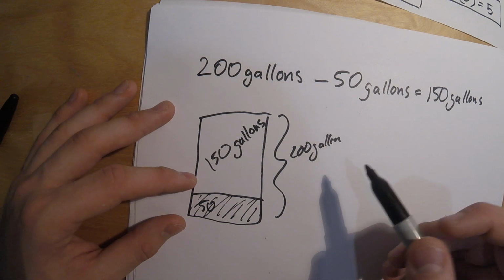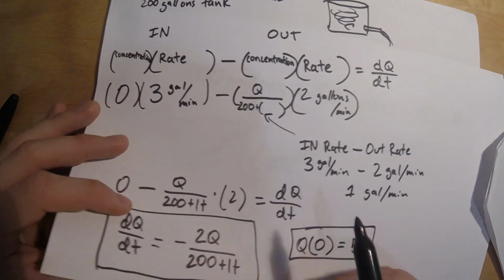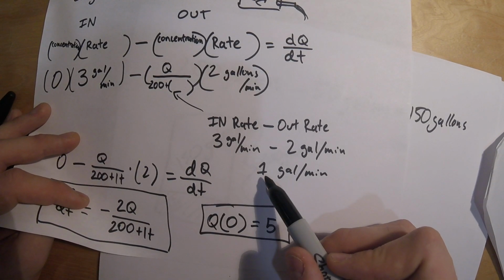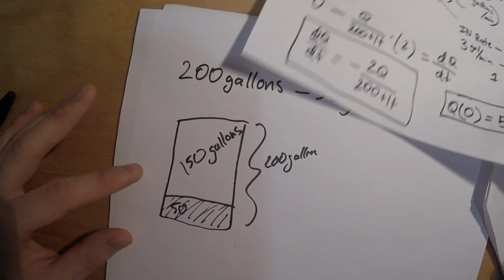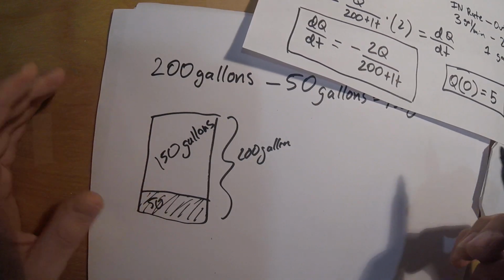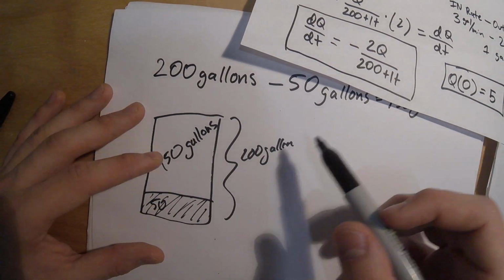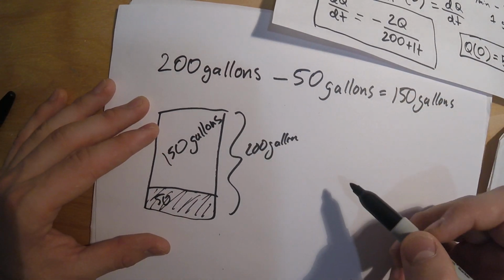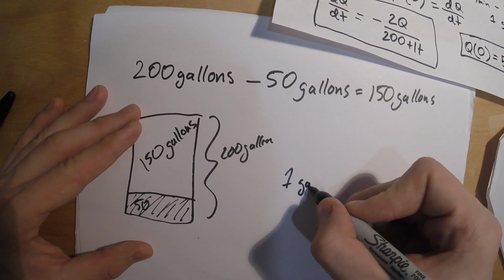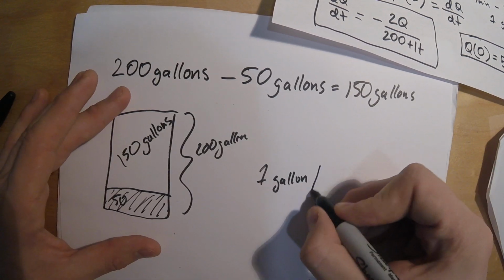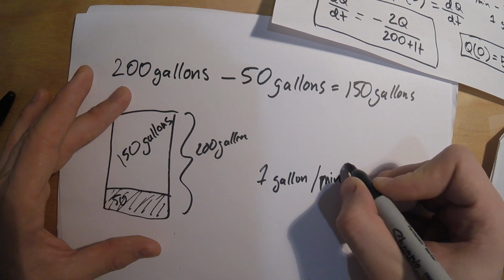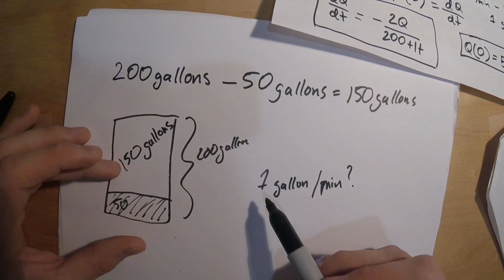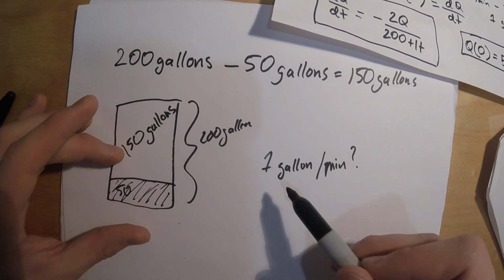Now, if we look back here, it said that it was going at a rate of 1 gallon per minute. Okay, so how many minutes would it take for this tank to fill up at a rate of 1 gallon per minute, right? So after 1 minute, that will be 1 gallon.